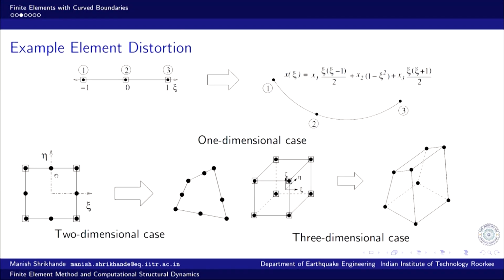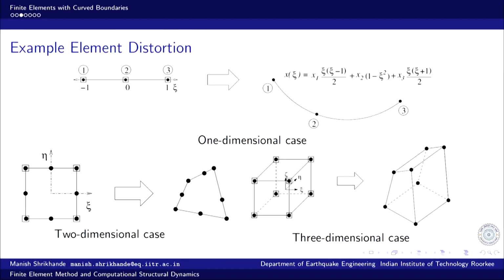And so, the whole idea is we still use regular geometry. The interpolation is still done in this regular geometry, because that is the biggest advantage the finite element method has to offer, the possibility of using a very comfortable regular geometry.